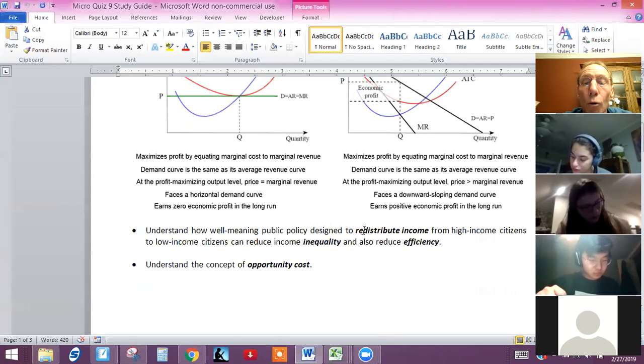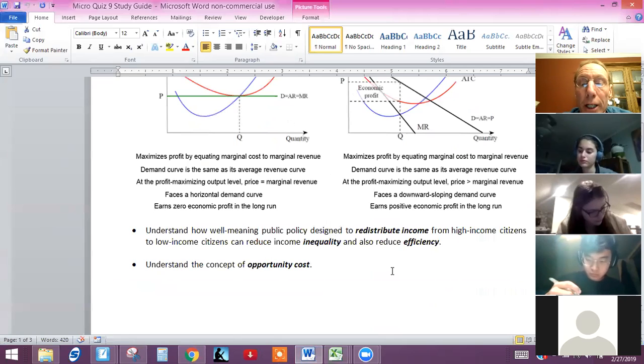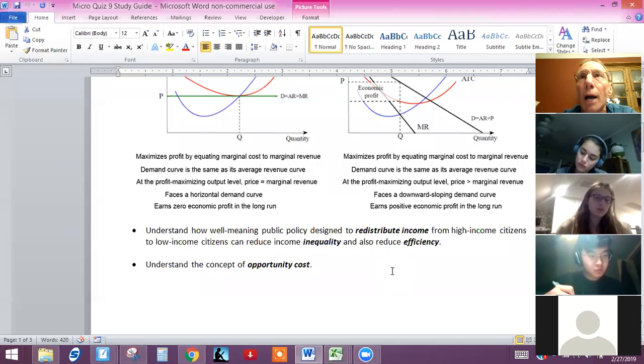This one right here, what we're really talking about is when there's a public policy. For example, when we have a progressive income tax, that means that the higher incomes are taxed at a higher tax rate. So like in the U.S., I believe, and I'd have to check on it because it might have changed, but I believe that income over $300,000 a year is taxed at the highest rate, which is 37%.